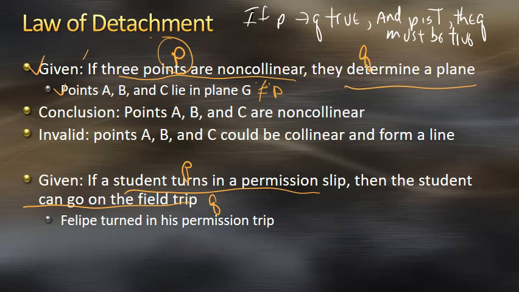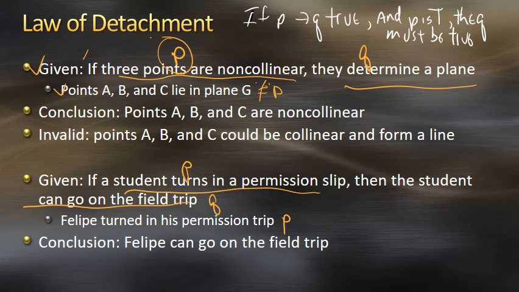And then we're given this statement, Felipe turned in his permission slip. Well, that does match our P. And let's see what conclusion it brings, and we're going to determine whether that's valid. Well, the conclusion is that Felipe can go on the field trip. Well, that matches our Q.